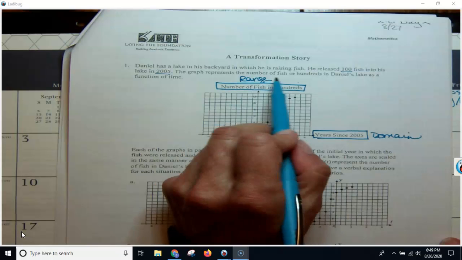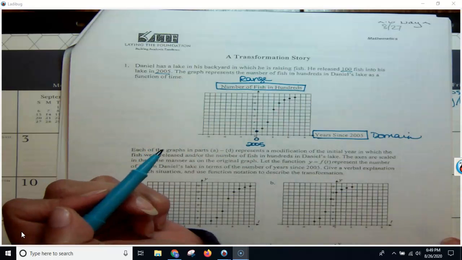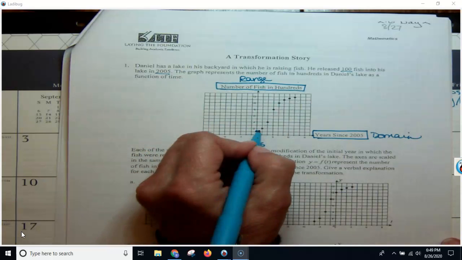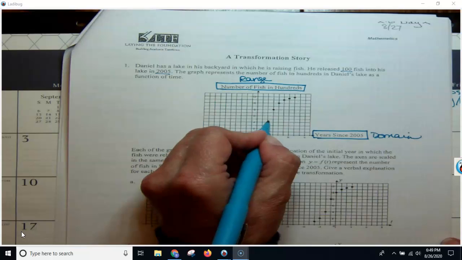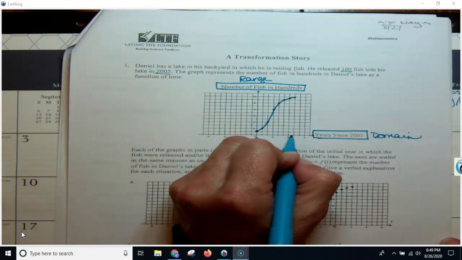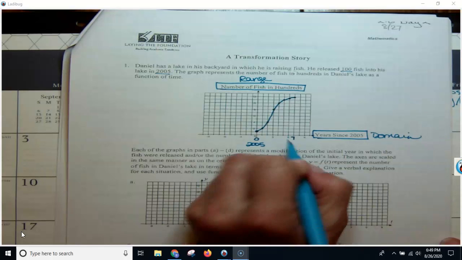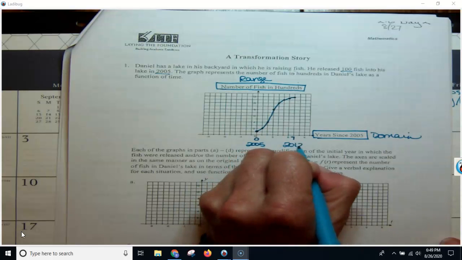The graph represents the number of fish in hundreds as a function of time. So as time went on, the fish increased. As you can see, they went up, up, up, and then they started leveling off here. This right here is year 7, which would be 2012.